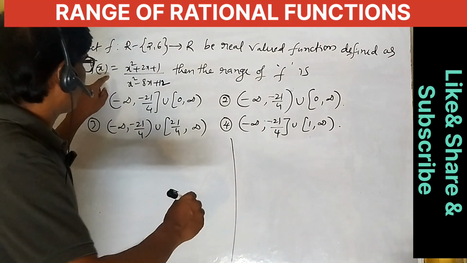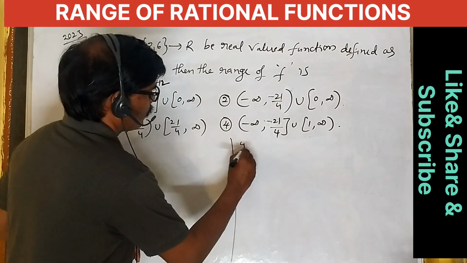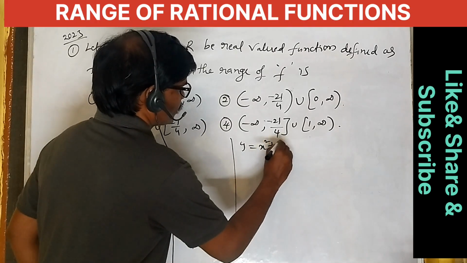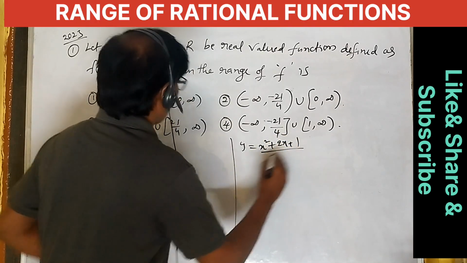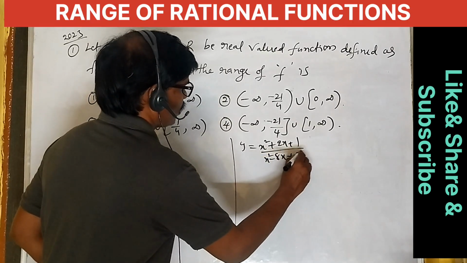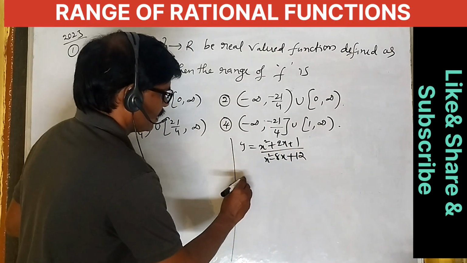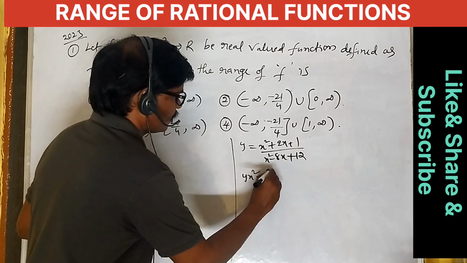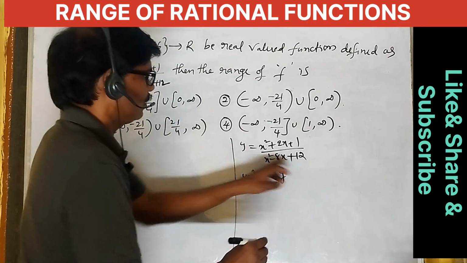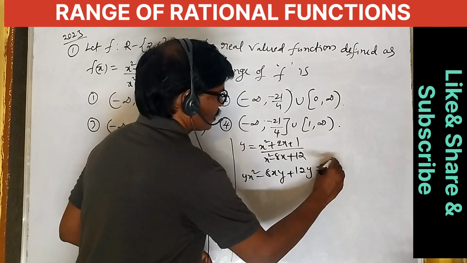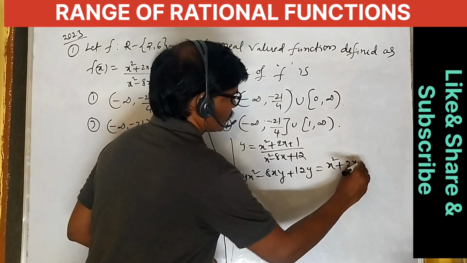Okay, here you take f of x value equal to y. y is equal to x square plus 2x plus 1 by x square minus 8x plus 12. By cross multiplication, y x square minus 8xy plus 12y equal to x square plus 2x plus 1.